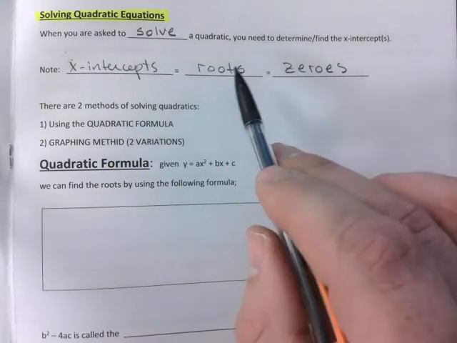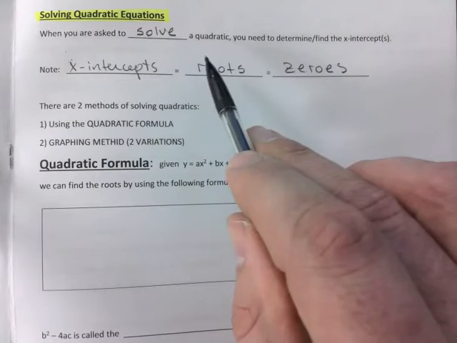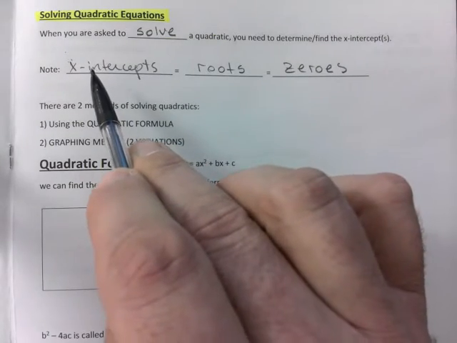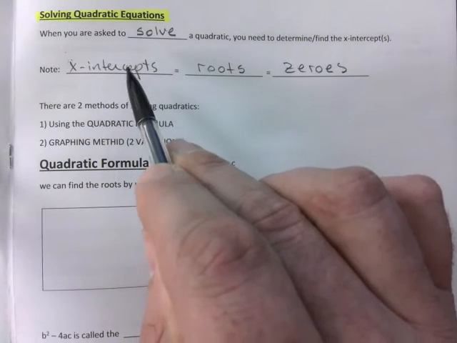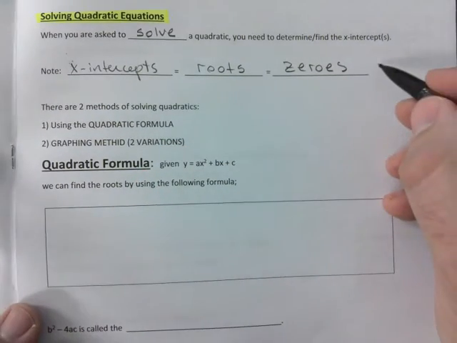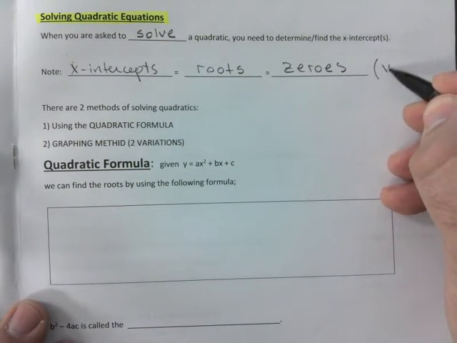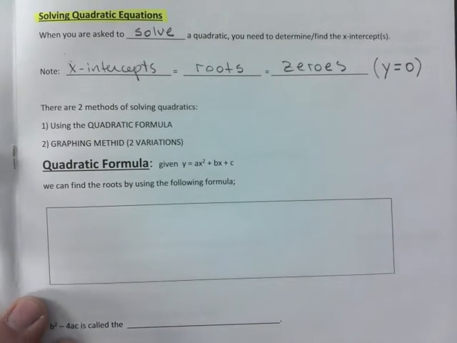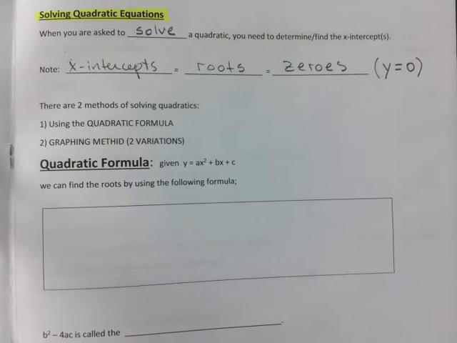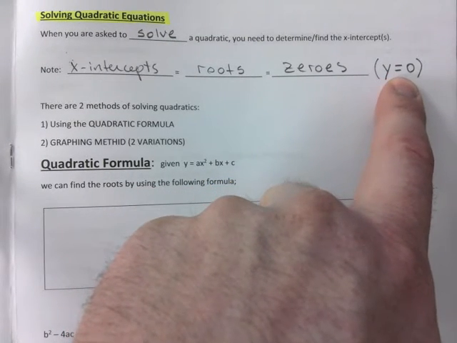If I ask you to find the roots, you should be like, oh yeah, Mr. Dirkson's asked me to find the x-intercepts. If I ask you to find the zeros, I'm trying to find the x-intercepts. And so you should automatically think that y is equal to 0. If you're trying to find the roots, you should know that y is going to be equal to 0.